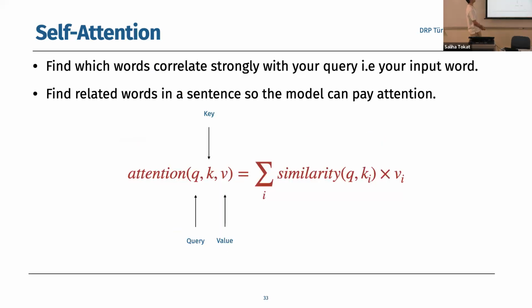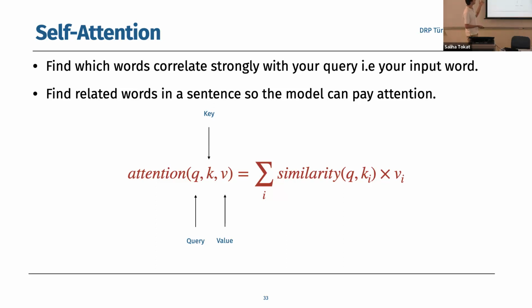So in the attention module, we are doing a similar thing. We are trying to find which words correlate strongly with our other words. By doing that, we force our model to pay attention to those relationships. For example, our model can find a correlation between Emre and "he", something like that.